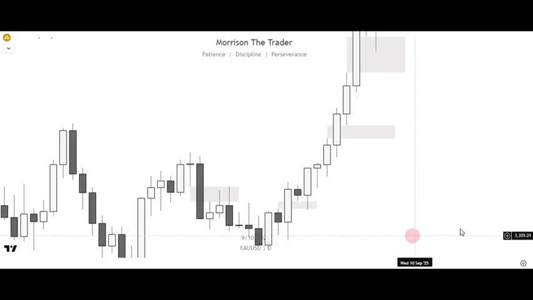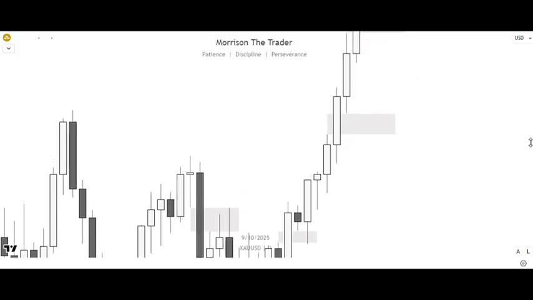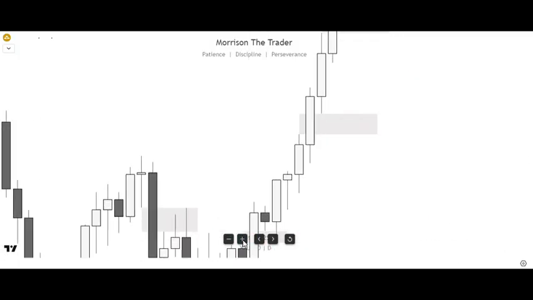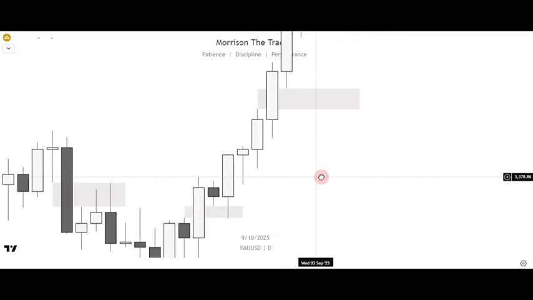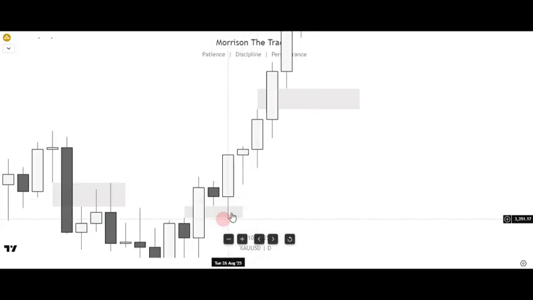What is the importance of a fair value gap? The importance of a fair value gap is that the market should use it as a support or a resistance area. So when the market is moving higher, you expect the market to respect bullish fair value gaps, right? What do I mean by respect?